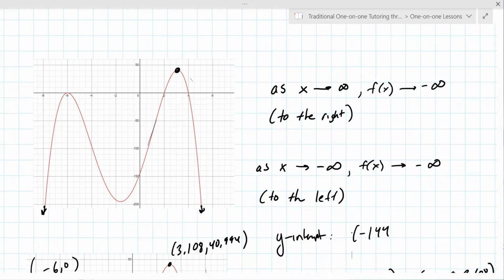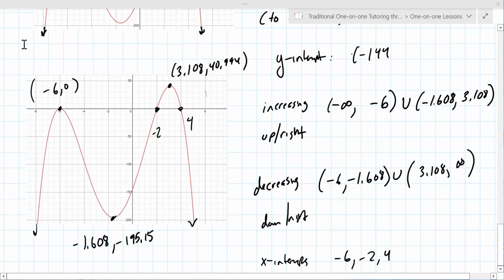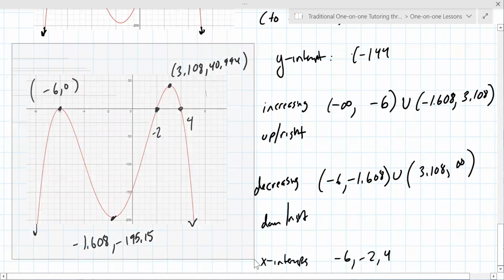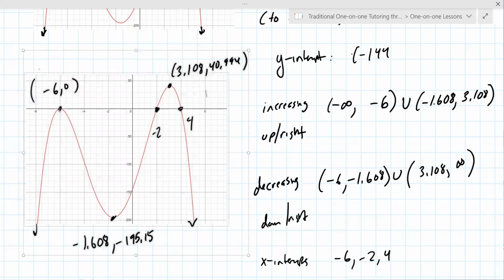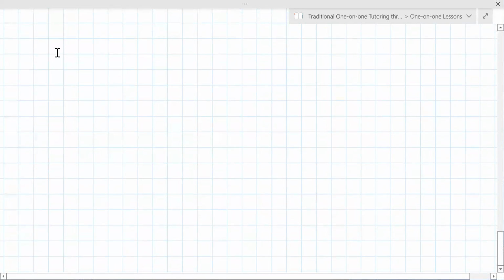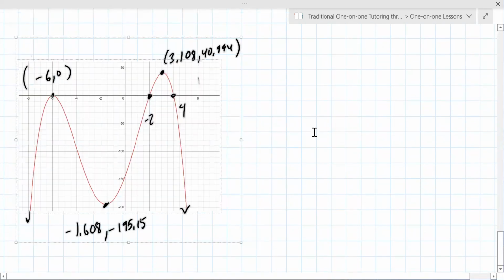So for the relative max, absolute max, relative min, absolute min, we actually need these numbers. Let me grab these and move the screen down a little bit so you can see it. The easier ones are the absolute max and the absolute min.